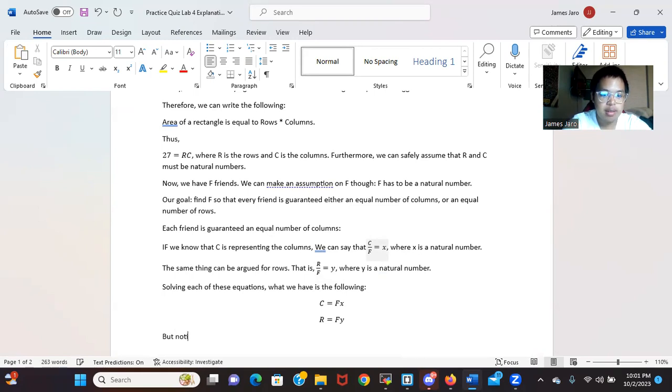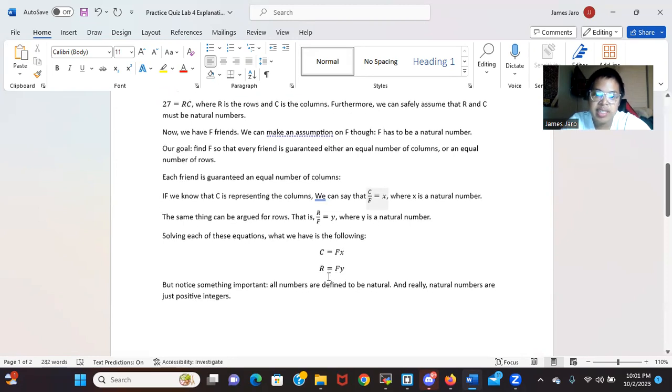But notice something important. All numbers are defined to be natural, and natural numbers are just positive integers.